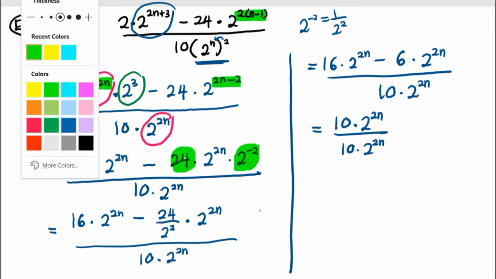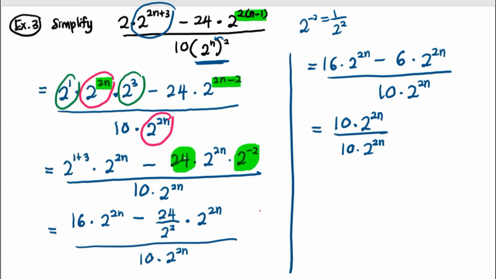Maybe you are wondering, how do I get 10 at the numerator? Some of you will be wondering, how do I get 10 here? You can just imagine, suppose you have 16x minus 6x. What will you get? Of course, 10x. If you have 16 donuts minus 6 donuts, of course you'll have 10 donuts.